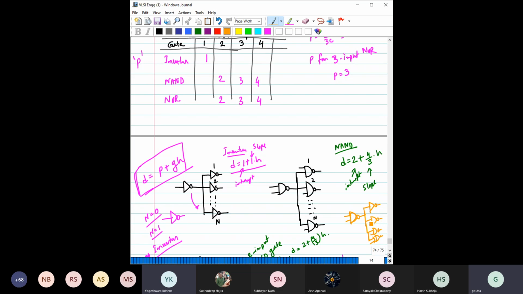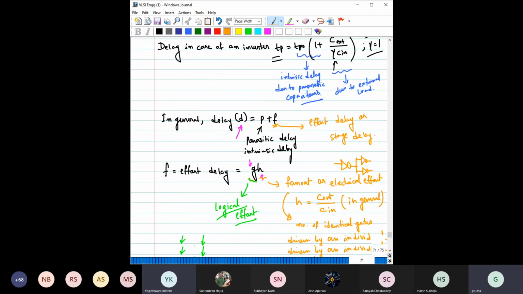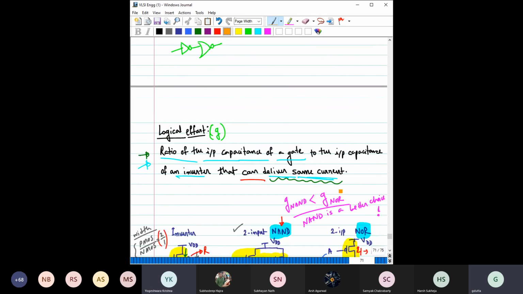In that case, how do you find H? You cannot say it directly because the gates are different. So here you have to find the total output capacitance and the total input capacitance. It's basically C out by C in. Anyway, we will see these things.